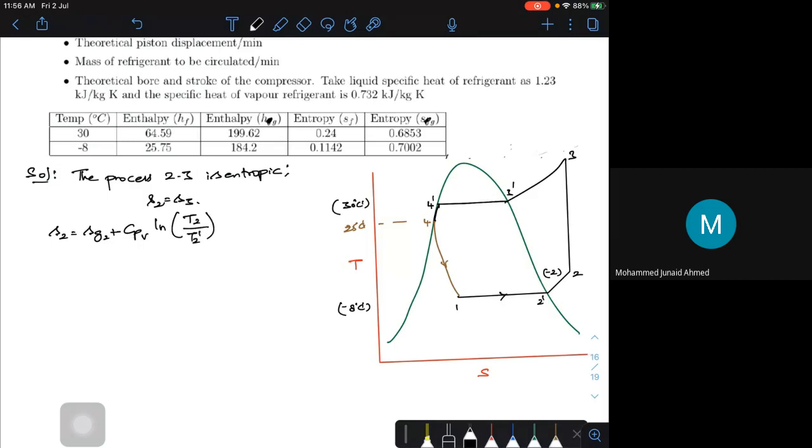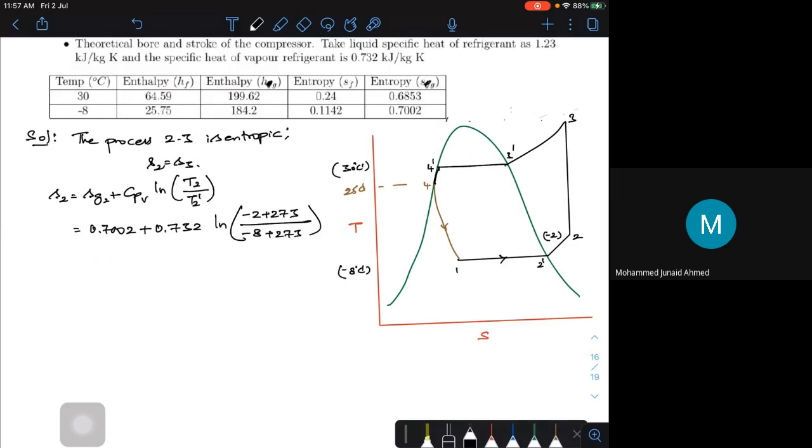T2 by T2 dash. What is Sg2? It is actually 0.7002 plus Cp of vapor, which is given here, 0.732, into ln of T2, which is actually minus 2 plus 273 divided by minus 8 plus 273.